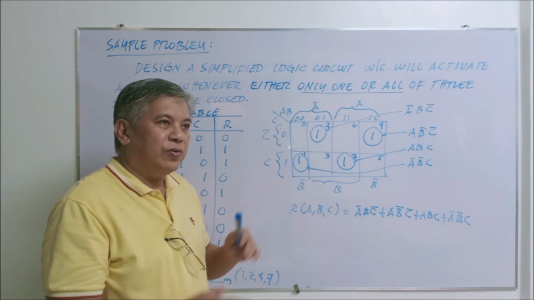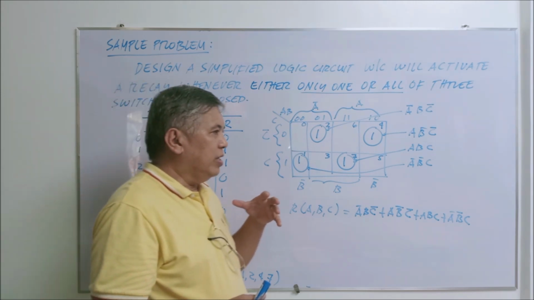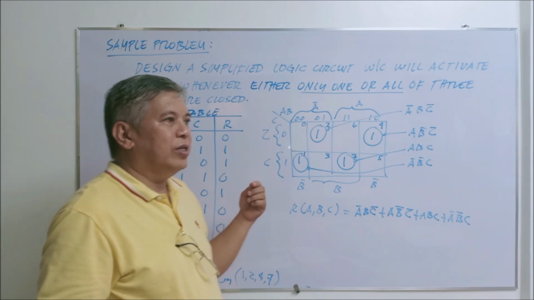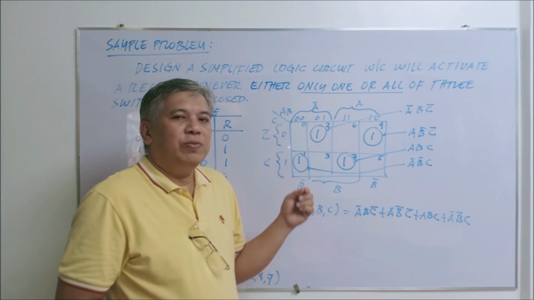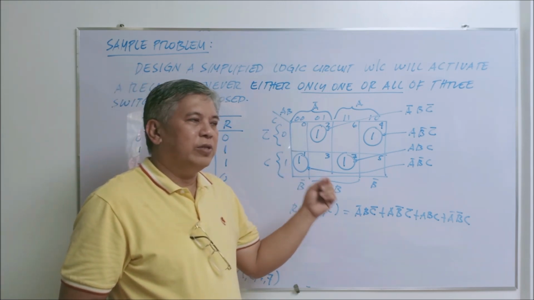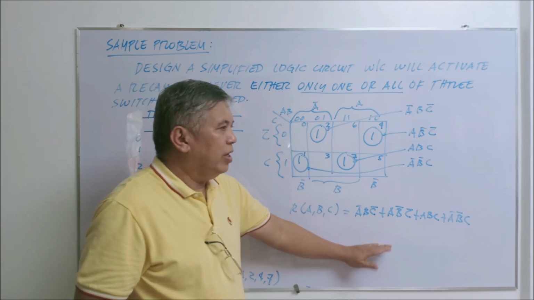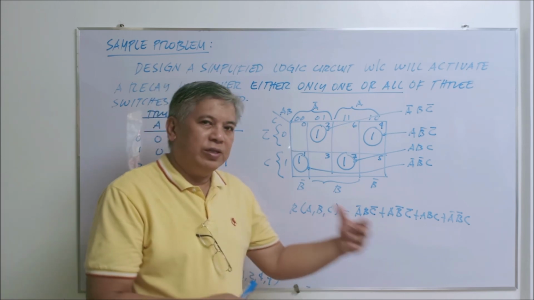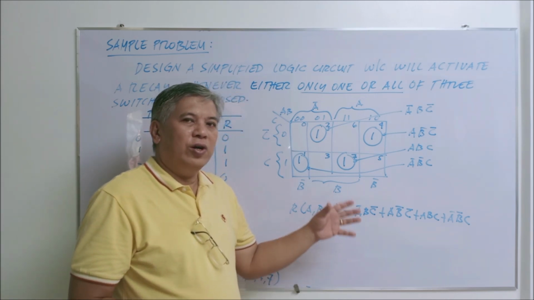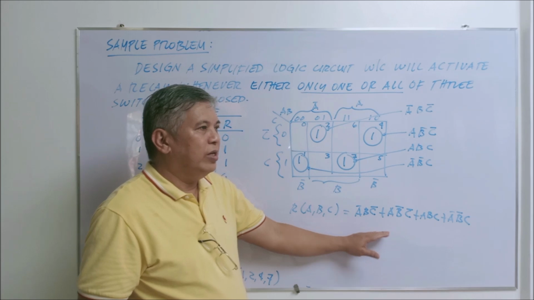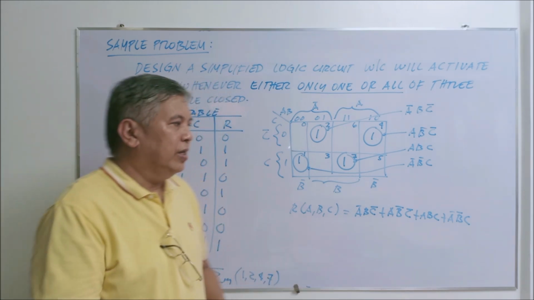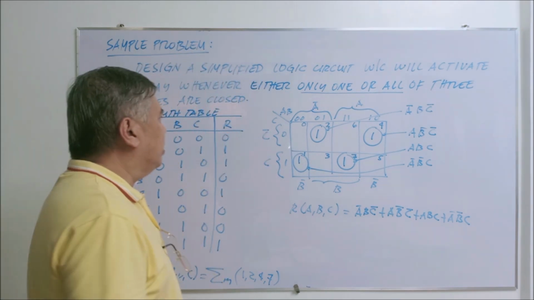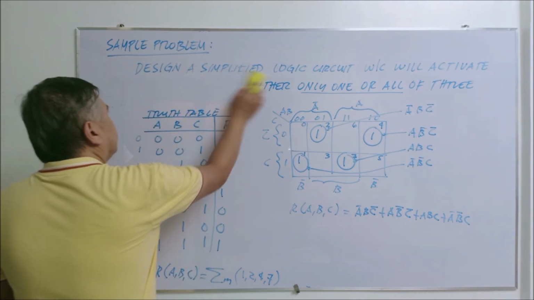So this one is already a simplified equation. How do we represent that in our circuit?